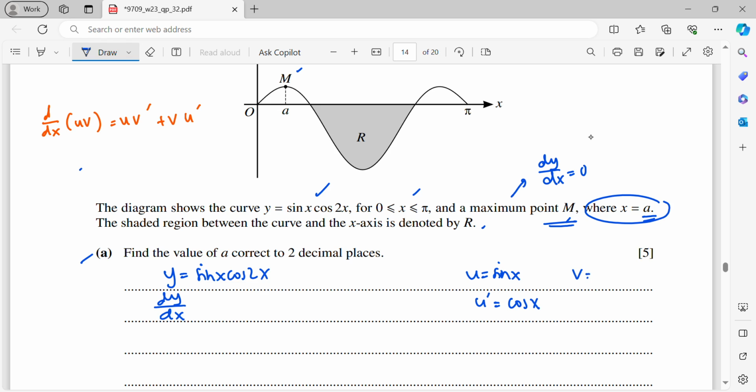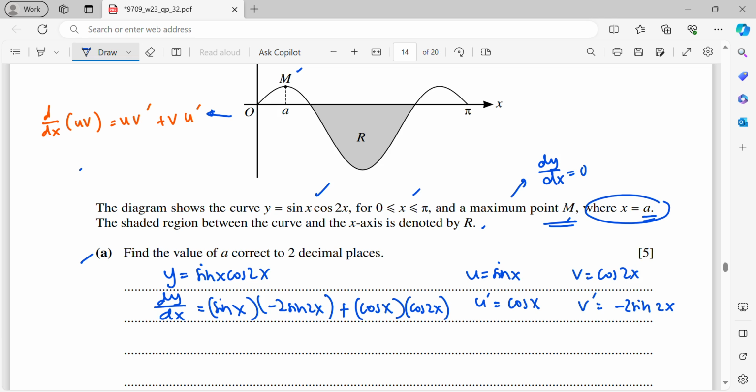Then my v is cos 2x. My v prime, when differentiate cos, is minus sine, rewrite the 2x, and then differentiate 2x is going to be 2. Okay, so now use the product rule formula. So I will get sine x multiplied with negative 2 sine 2x plus then cos x multiplied with cos 2x.